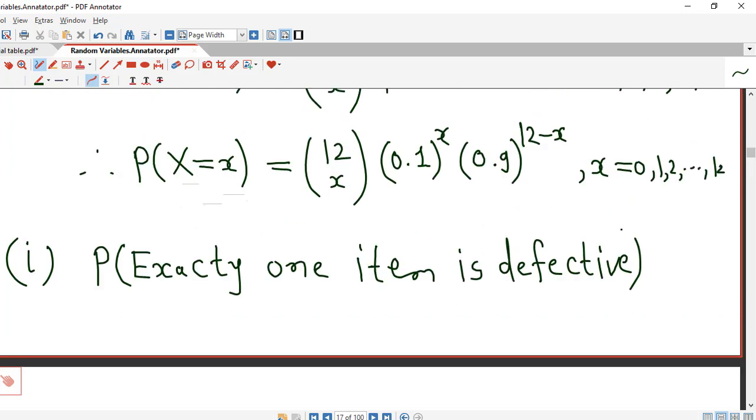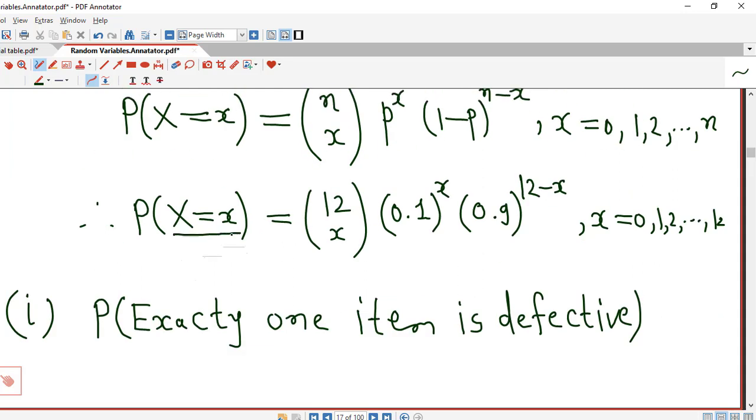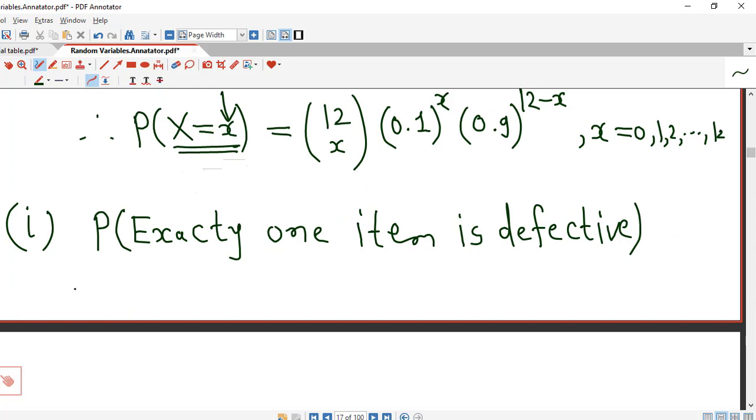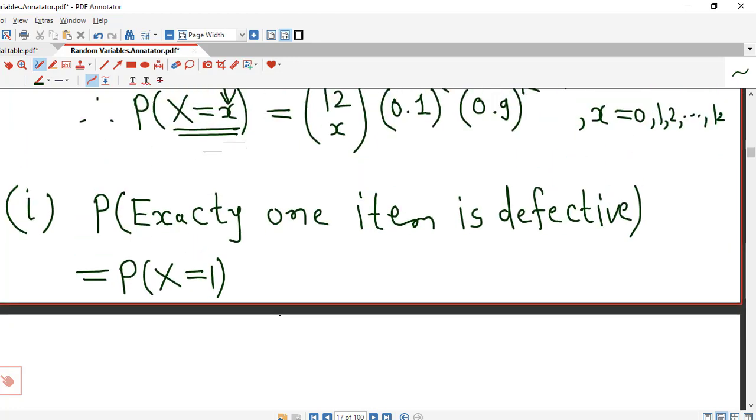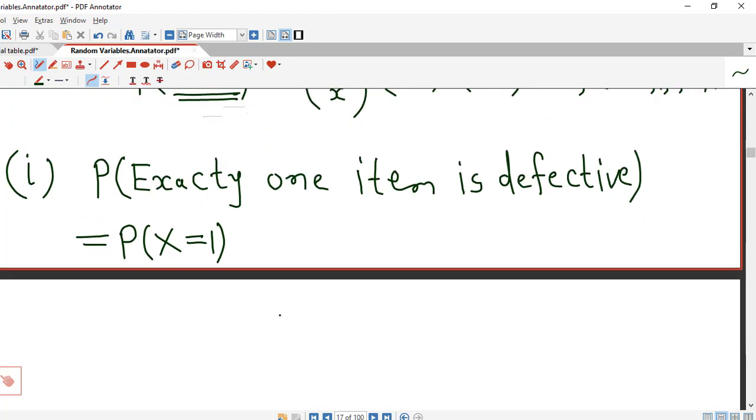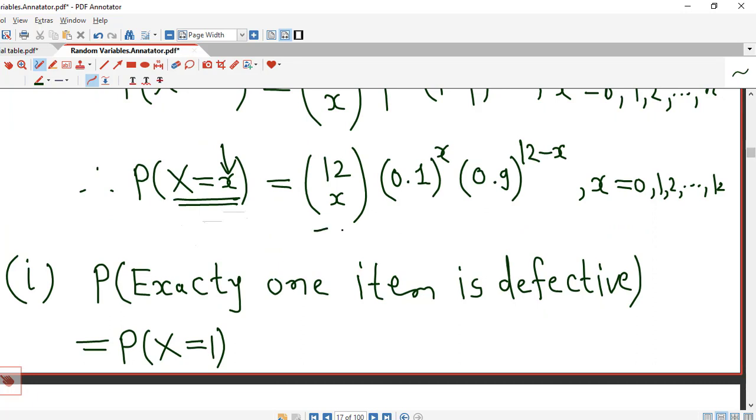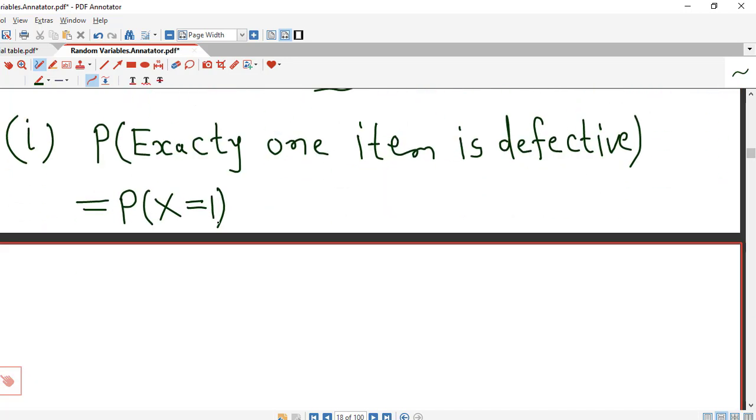So we can use this formula. Here we can put small x equal to 1. So this is equal to probability that capital X equal to small x, which is 1, and now we can put x equal to 1 in this right hand side. So we have 12c1 0.1 raised to 1 and 0.9 raised to 11.